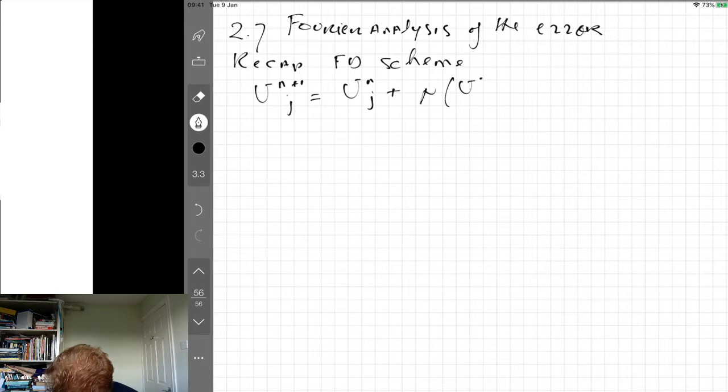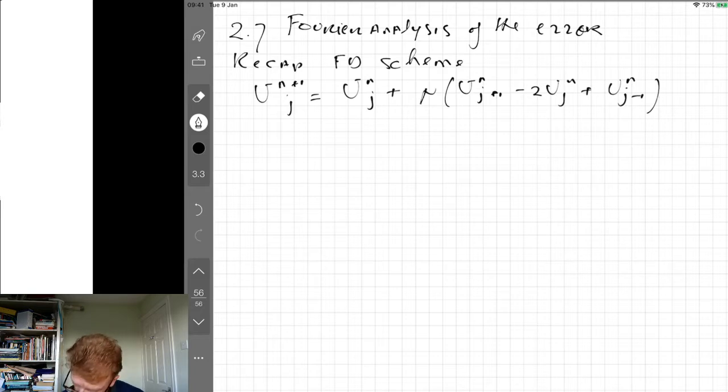So capital U_j^{n+1}. So this is a 4-point stencil that uses U^{n+1} in the future, U_j^n is the one in the middle, and U_{j+1} and U_{j-1}. So this one and this one at the side.